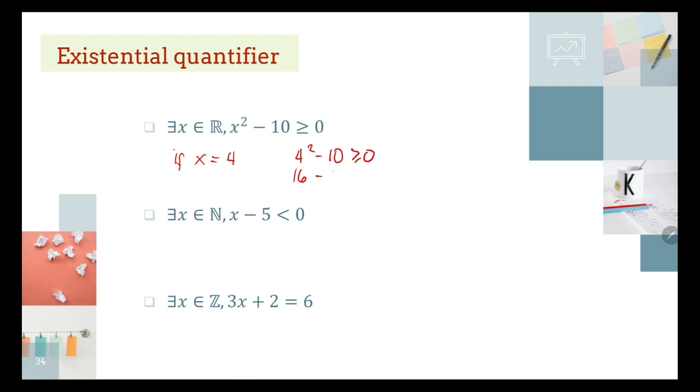So 16 minus 10 greater than or equal to 0. That is 6 greater than or equal to 0. So this is true. I was able to find at least one, so that would mean the whole statement is true.